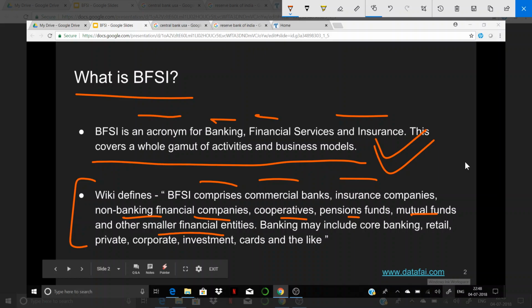So it's just basically the different shape and form of the companies. At the same time, if you look at what exactly it offers: core banking, retail, private, corporate, different investment cards, and miscellaneous other services. We'll be talking about each one of them in more detail in a few slides down the road, right? So, with that, let's move on.